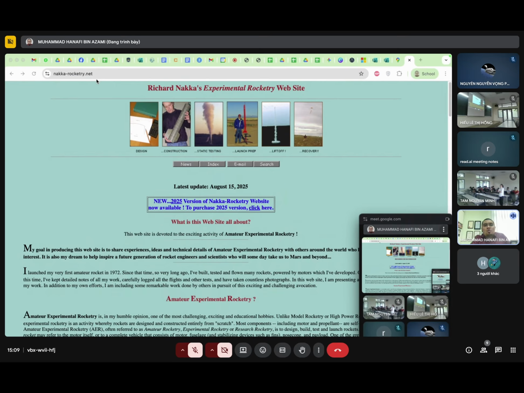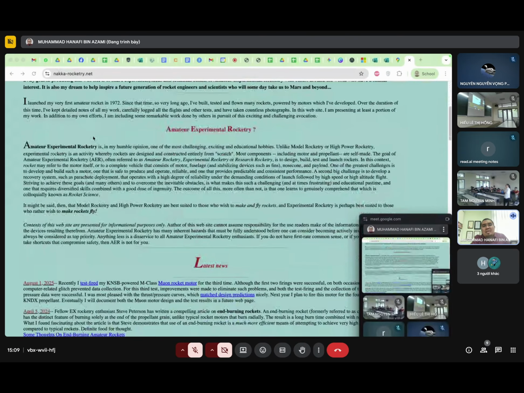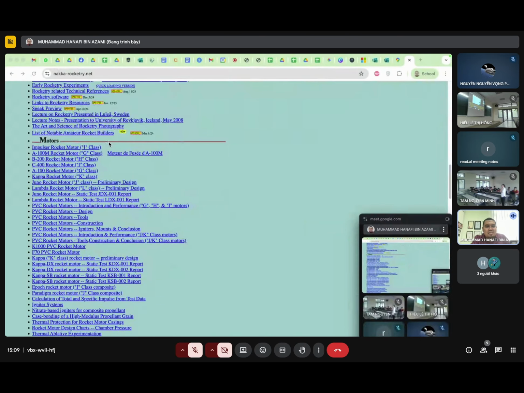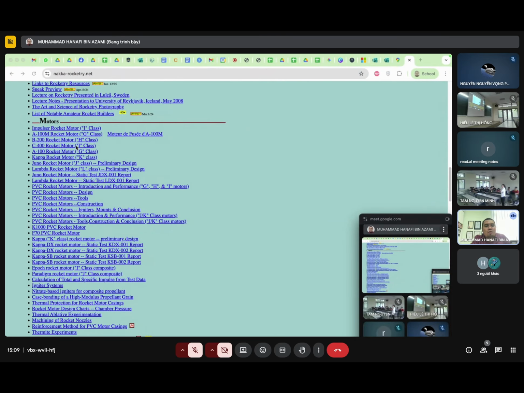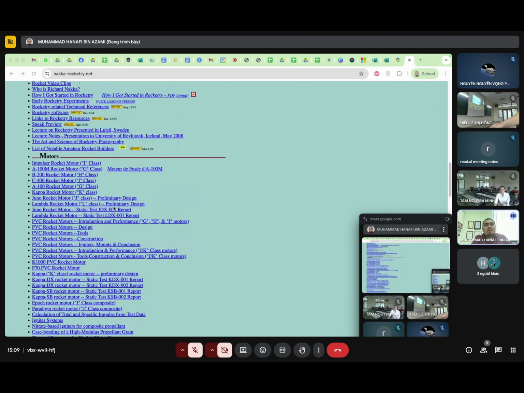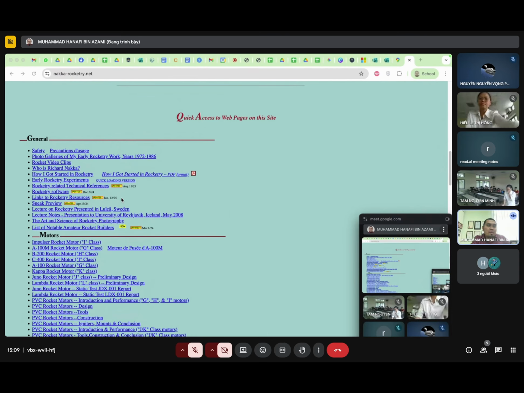You can go to Richard Nakka's website, nakka-rocketry.net. It is freely available, so you can see his work. He provides some of the calculation tools that he made to develop or build sounding rockets, like this rocketry software and so on.